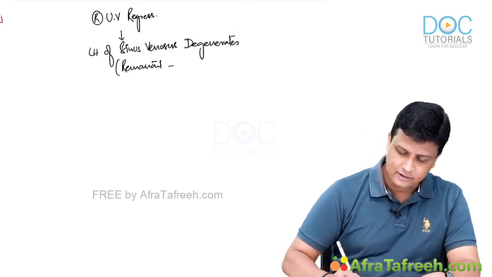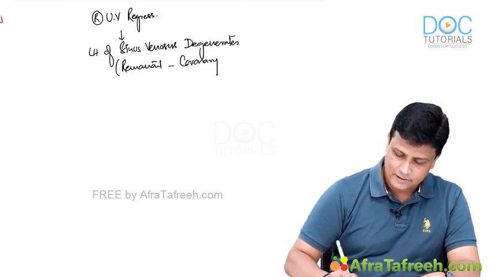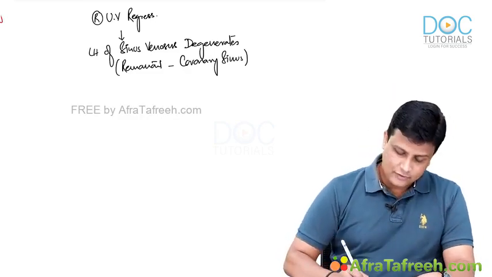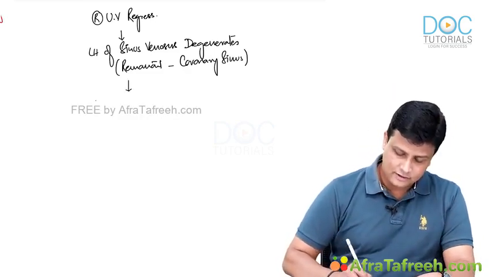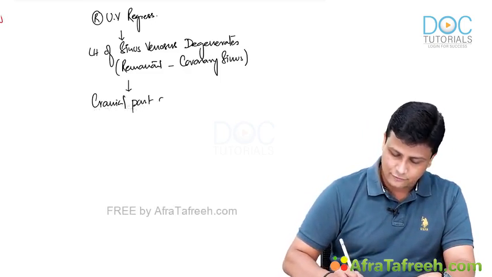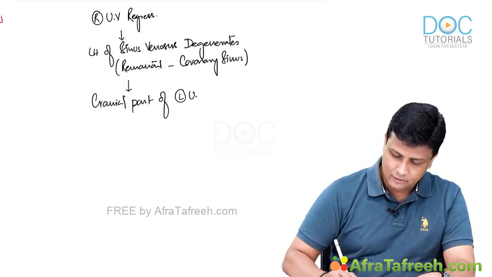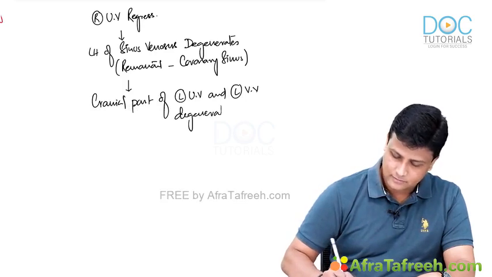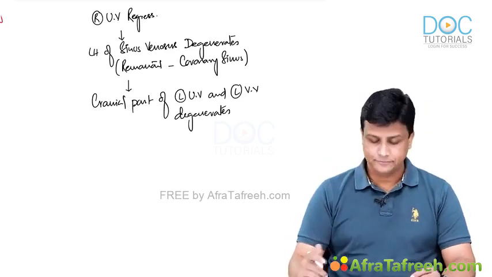The remnant is nothing but the coronary sinus. Perfect. And because the left horn of the sinus venosus degenerates, even the cranial part of the left umbilical vein and the left vitelline vein degenerate. Their cranial parts are also gone.